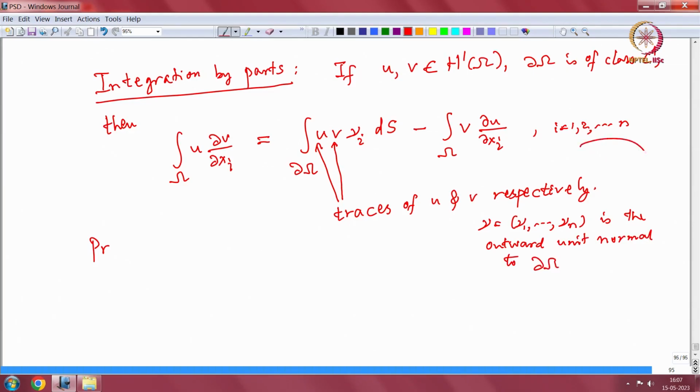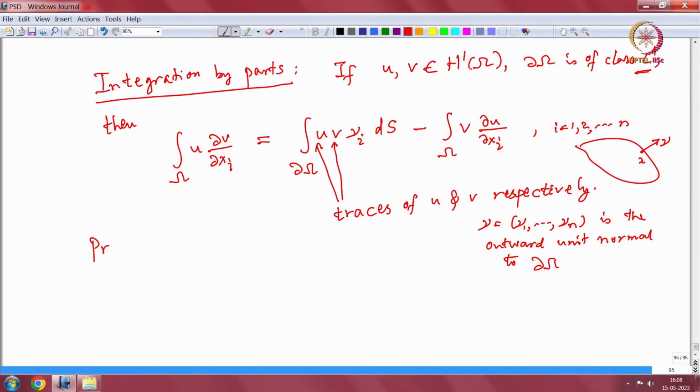Here is the boundary, and at a boundary point x the normal changes. Since the boundary is C1, this is well defined, and in fact continuous. The traces of u and v are in L2 over the boundary, so this surface integral is finite.